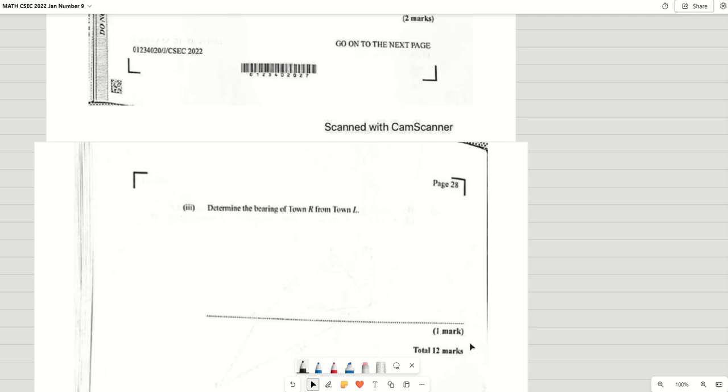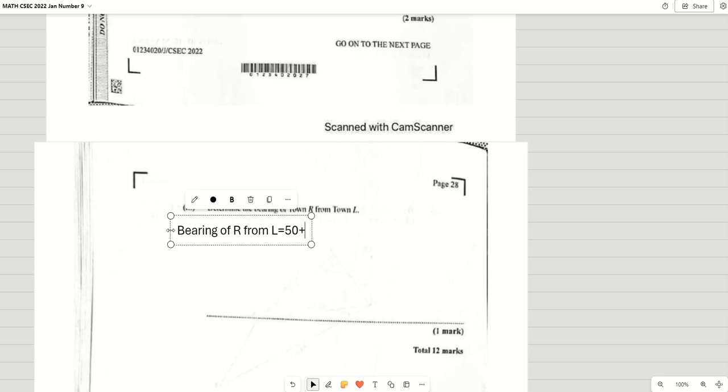So we would say bearing of R from L is equal to 50 plus 25 plus 56.4.